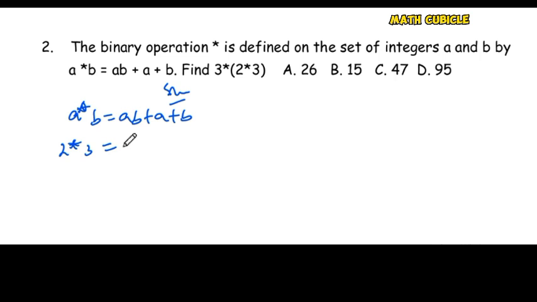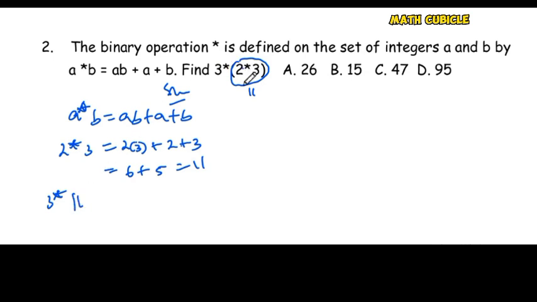So this becomes 2 times 3 plus 2 plus 3. That becomes 2 times 3 is 6, plus 2 plus 3 is 5. That's 11. Now we replace this with 11. So this becomes 3 operation 11.